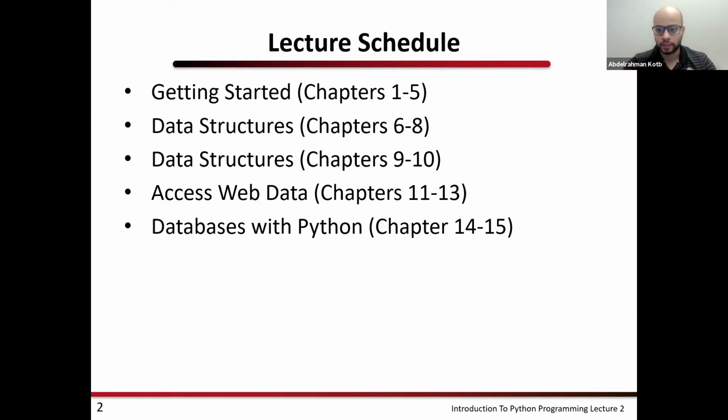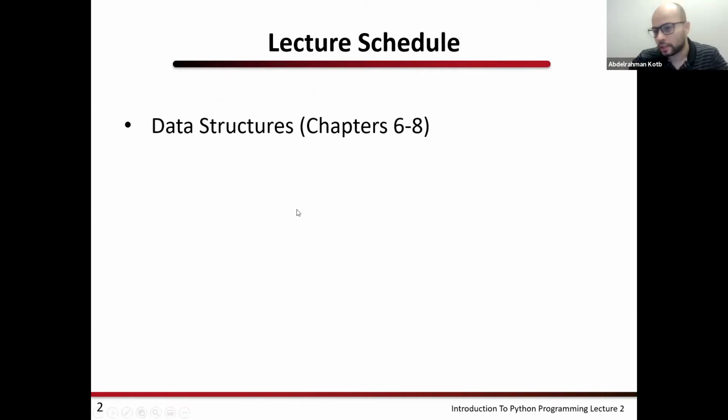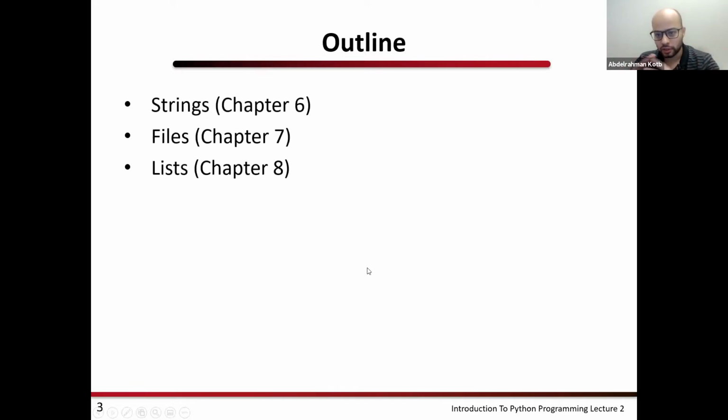Because I realized this is such an important topic, I decided to split it into some of it this time and some of it for the next time. So next time we're going to talk about dictionaries and tuples. However, our main focus today is going to be lists. If you're following through the book, today we're going to discuss chapters 6, 7, and 8. So these are the topics that we're going to talk about today, which are strings, files, and lists. And let's start with strings.